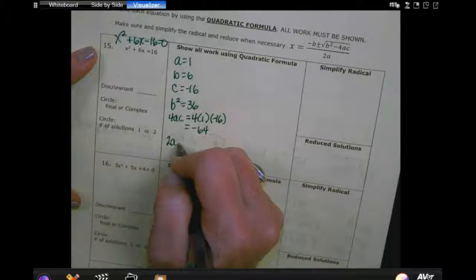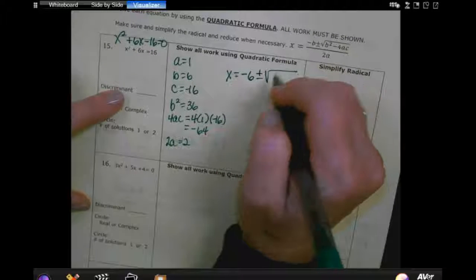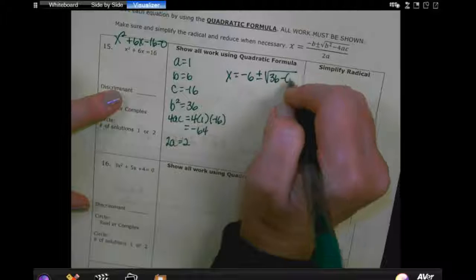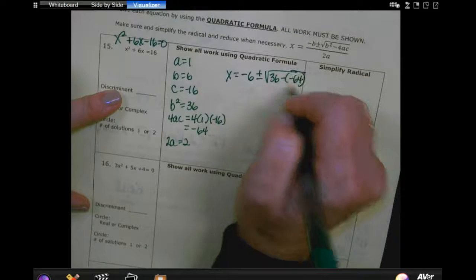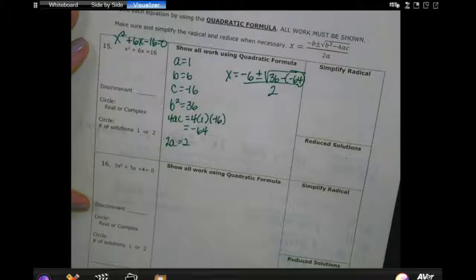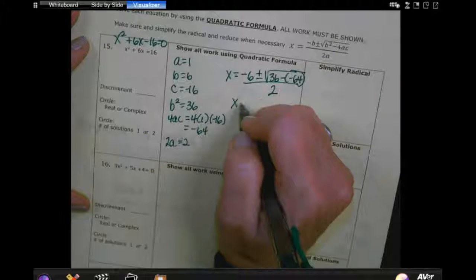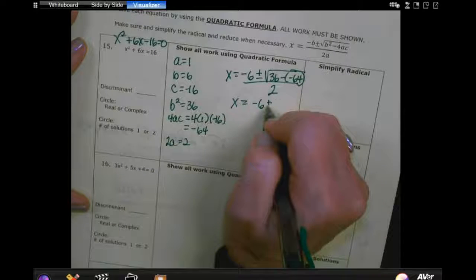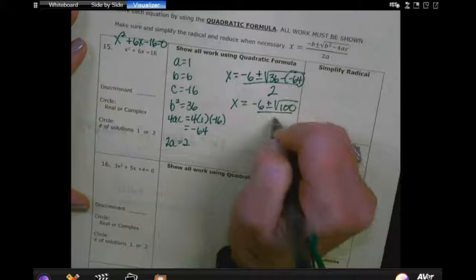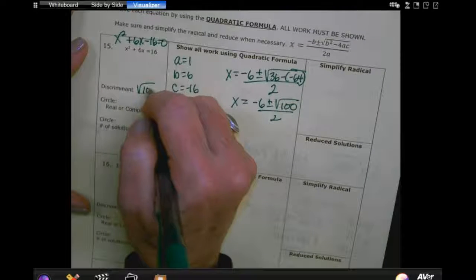And 2a is 2. So I get negative 6 plus or minus the square root of 36 minus a negative 64 all over 2. And my minus the minus becomes a positive, which gives me 100.